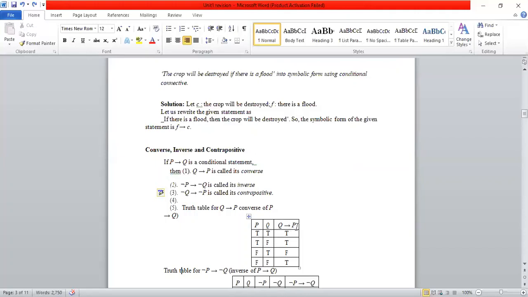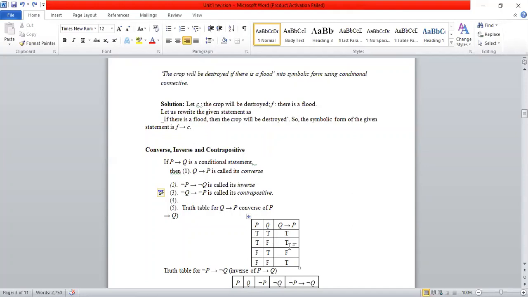According to the conditional connective, when P is true and Q is false, then P conditional Q is false. Otherwise, it is true. But we are constructing Q conditional P here, so you should consider first Q, then P. True, true: true.